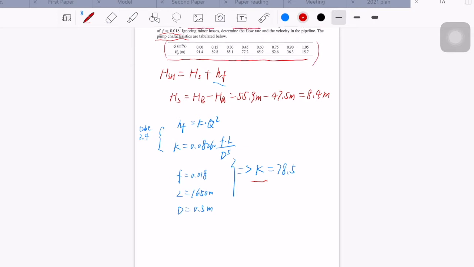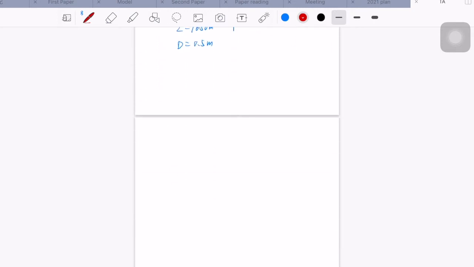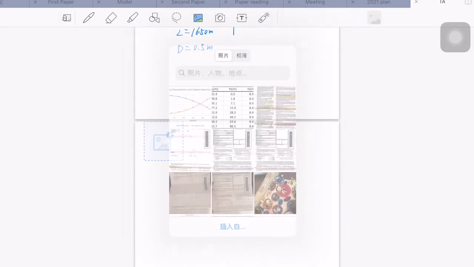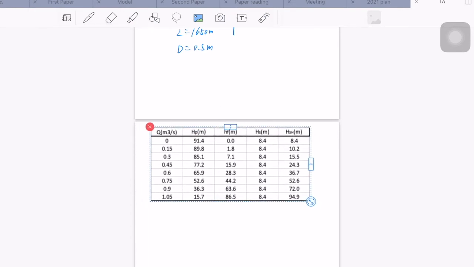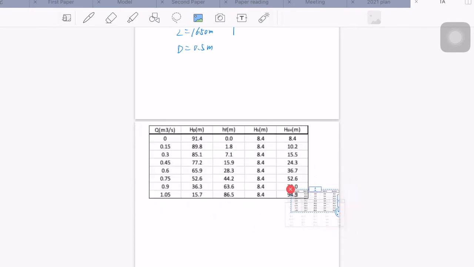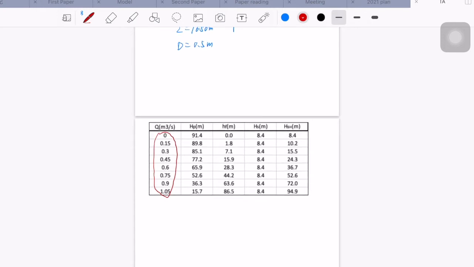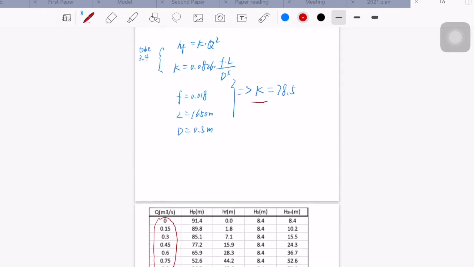So we can use the Excel to create a table like this one I created before. So we know the Q value, and we also know the K value equals 68.5.